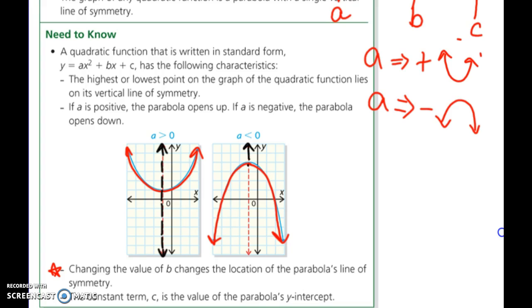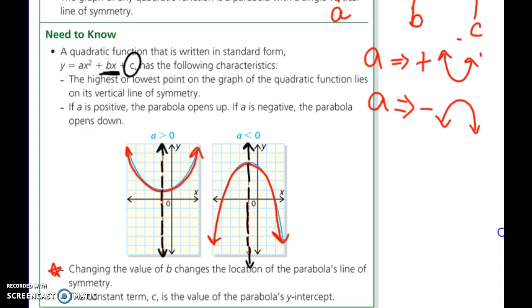So this here is also our mirror, or our axis of symmetry, and it's reflecting the same image on both sides. So our B value in our equation, this is the one that shows where the change in the axis of symmetry is. And our final number in a quadratic function is our C value.